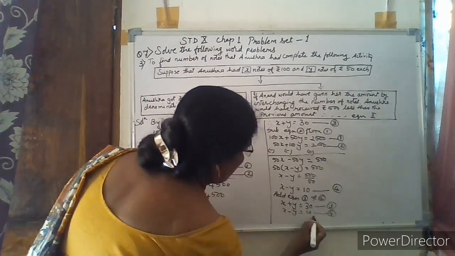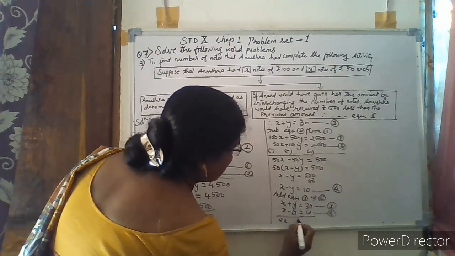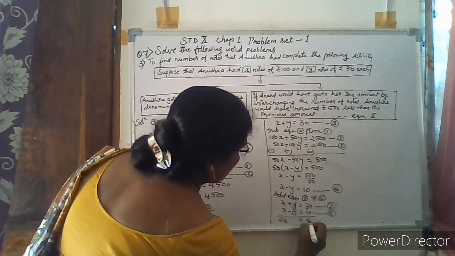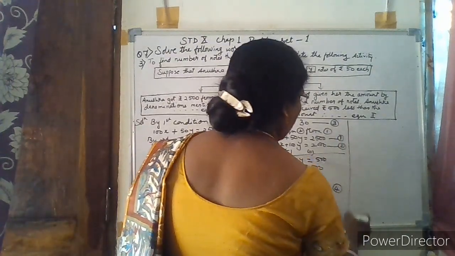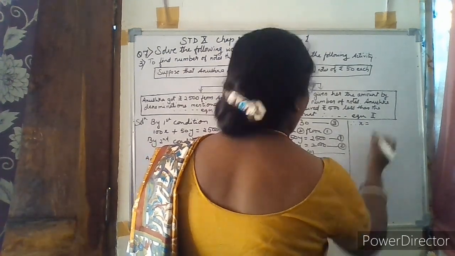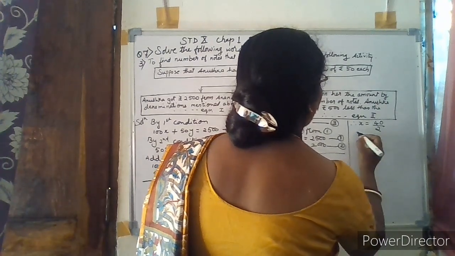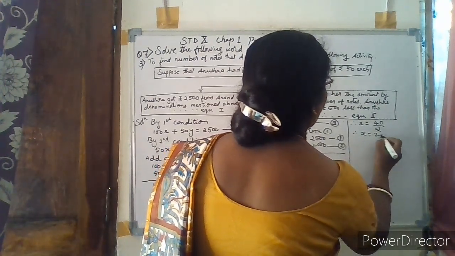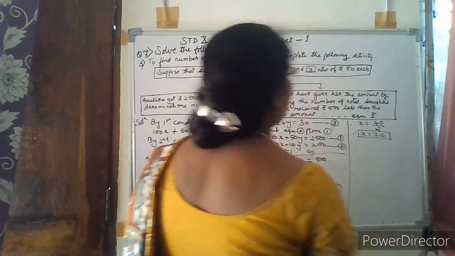So when we add it, y gets cancelled. 2x is equal to 40. Therefore x is equal to 40 by 2. So therefore x is equal to 20. We got x value as 20.